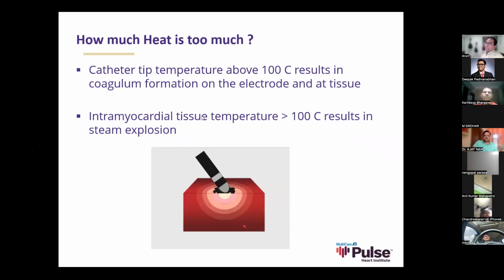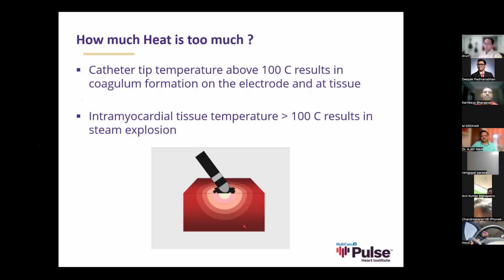How much heat is too much? The question is, can we just heat the tissue interface as much as possible so that we can deliver the lesion as deep as possible? The problem is we can't go beyond 100 degrees Celsius. If you increase the catheter tip temperature above 100 degrees Celsius, you create coagulum formation on the electrode and the tissue, and you also lead to char. Char is basically burning of the tissue.